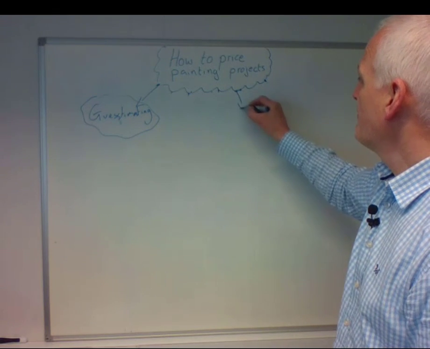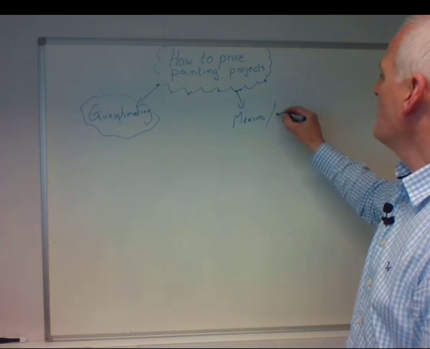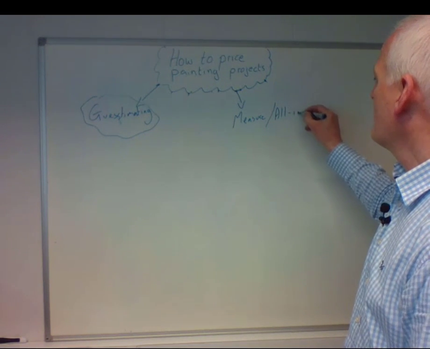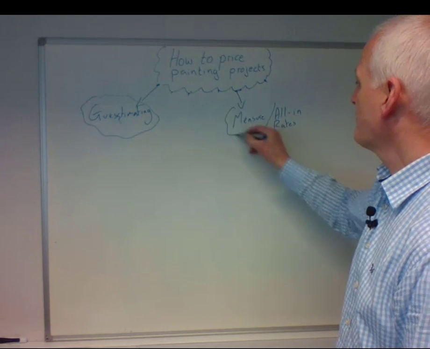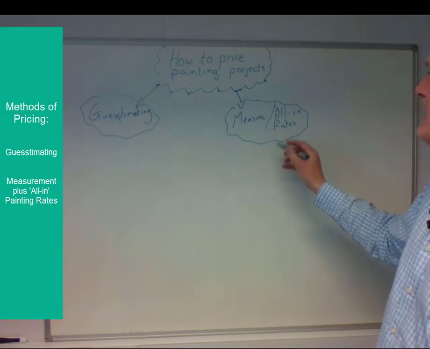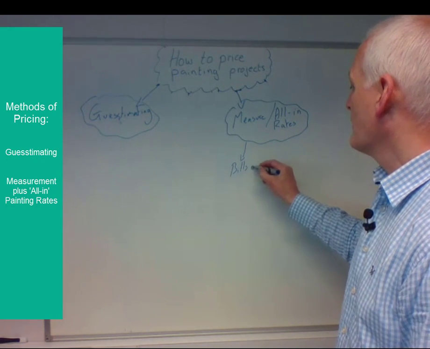The other method is to measure the works and apply what are called all-in painting rates. You may have already seen this method if you've ever priced bills of quantities.